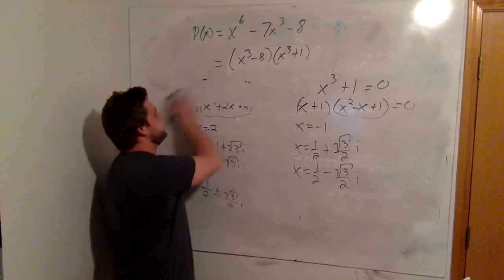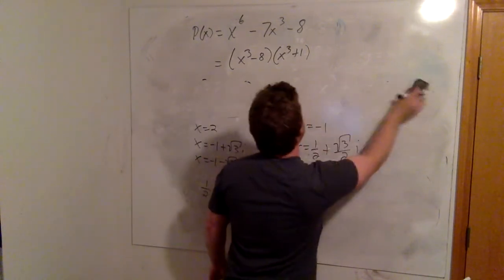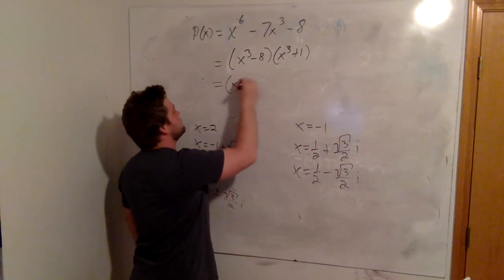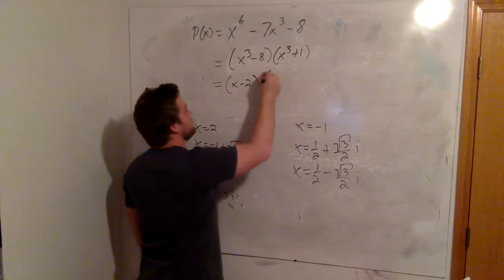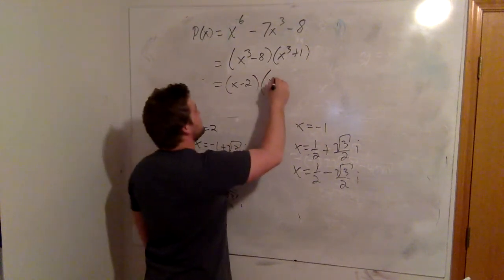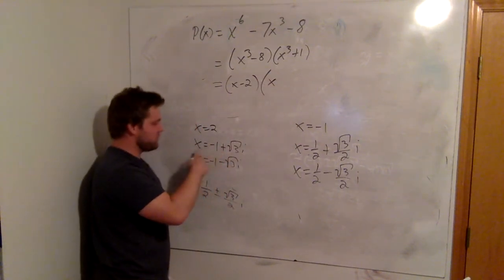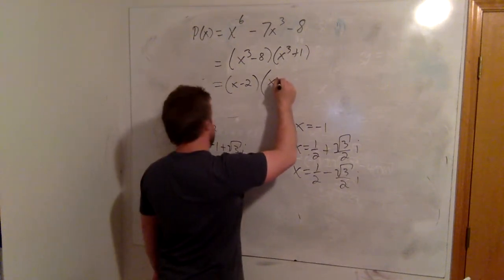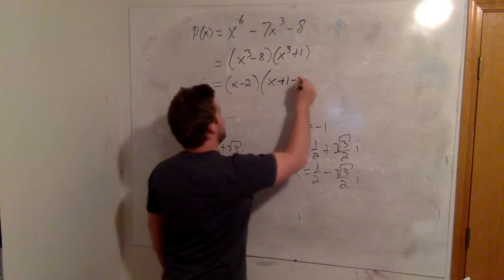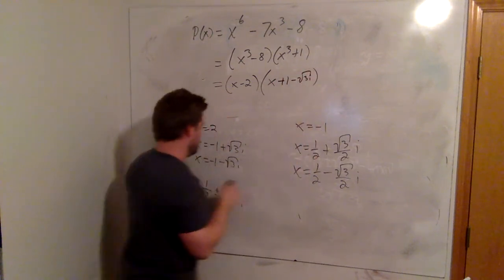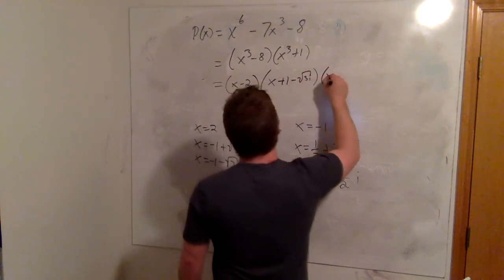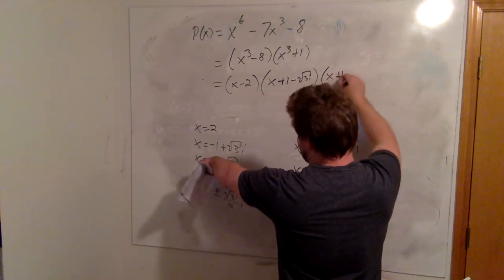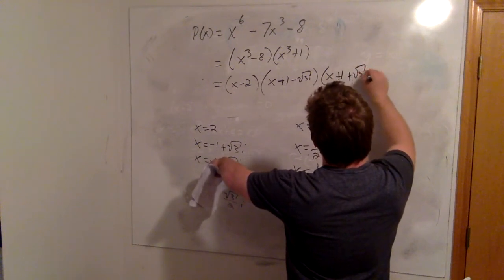Okay, so let's factor this thing. This will factor to x minus 2. I'm also going to get x minus this root, so I'm going to flip all the signs, so it would be x minus a negative 1, so I'll get a plus 1 minus root 3i. I'll also get an x minus a negative 1, so plus 1 plus root 3i.